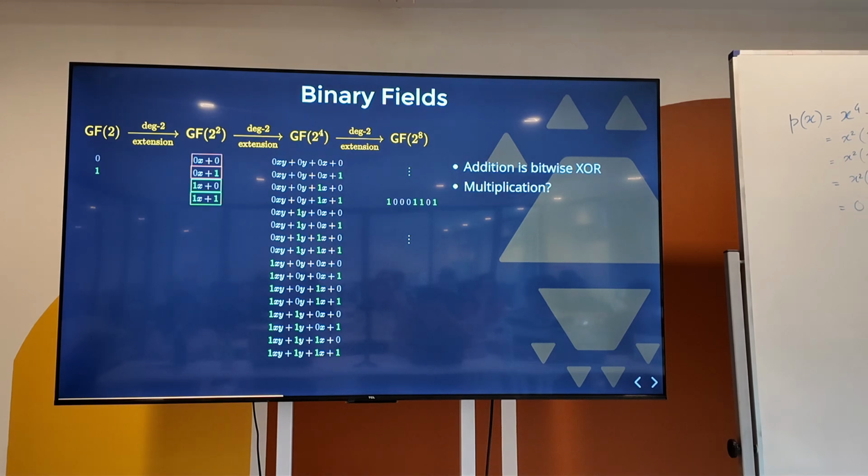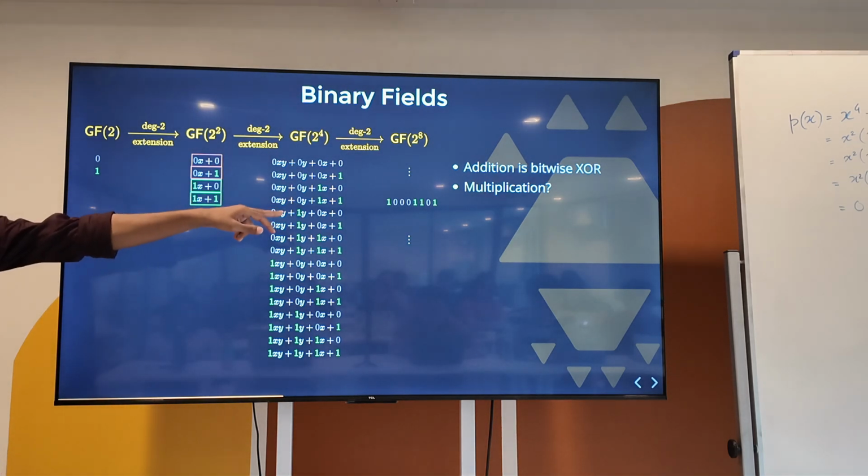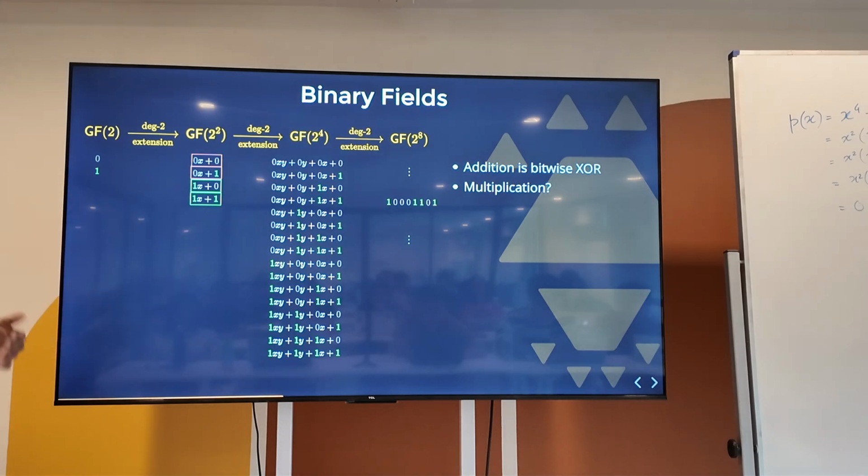What about multiplication? For multiplication as well, we can leverage this recursive structure that we just saw: take an element from a larger field, break it down, and bring it down to smaller fields.